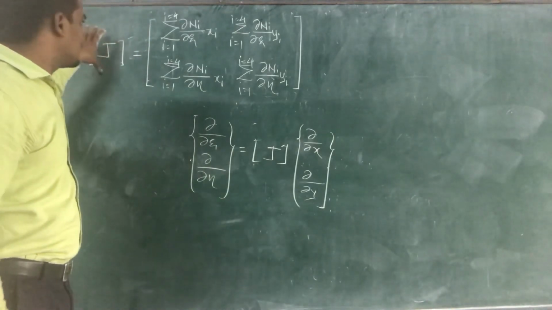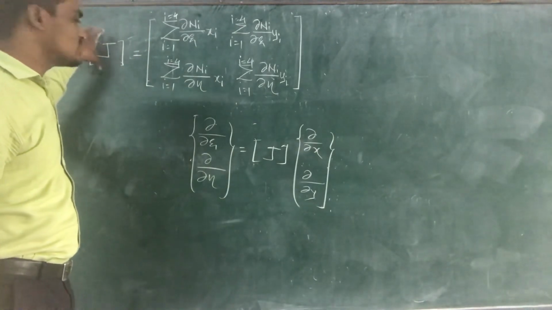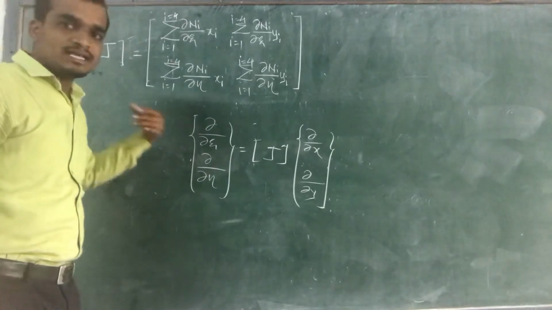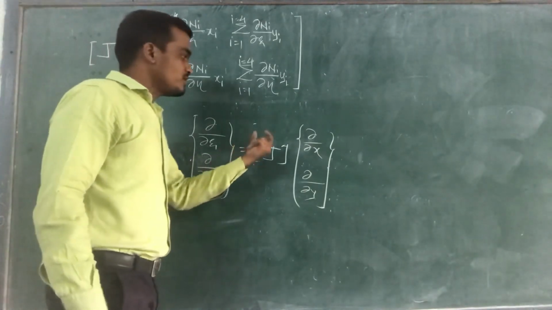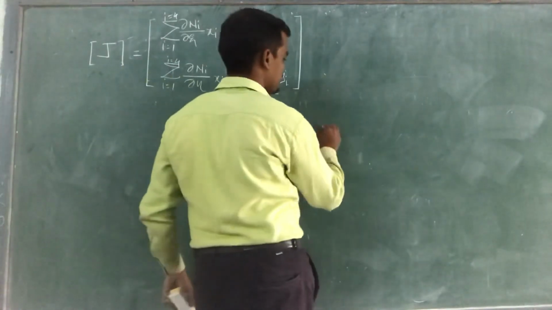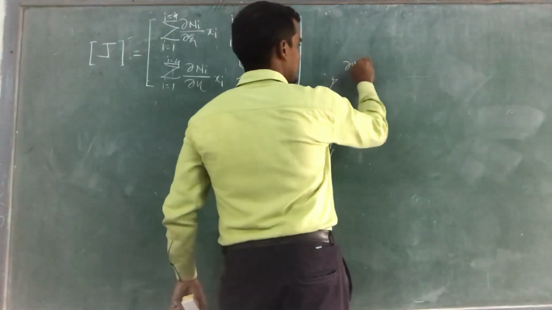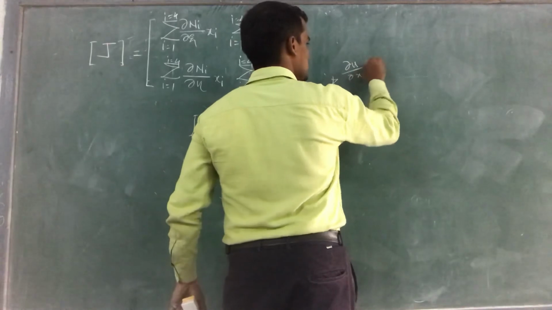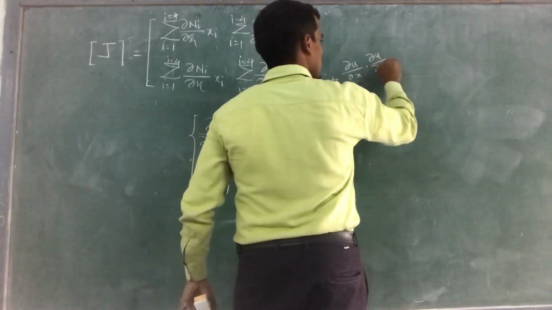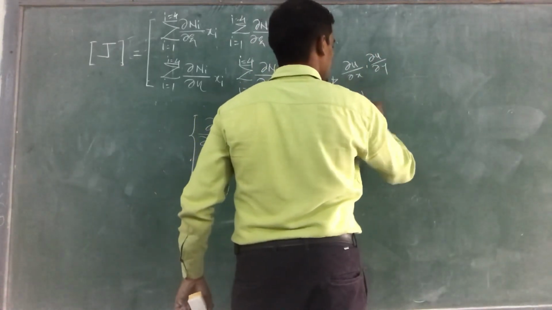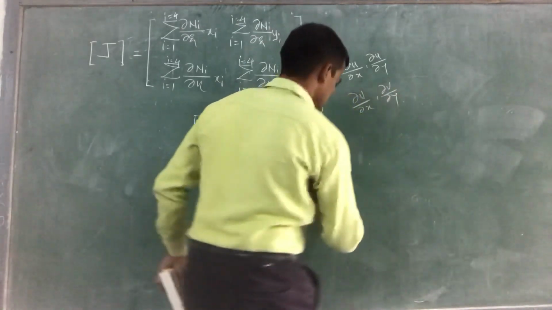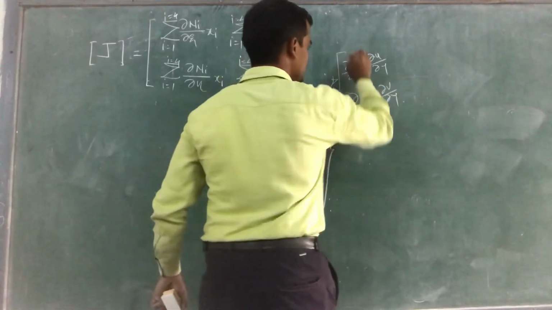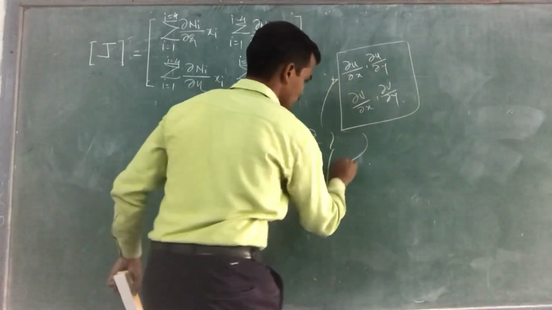Here I have explained how to determine the Jacobian matrix terms. Now next what we need to obtain are our 4 terms: ∂u/∂x, ∂u/∂y, similarly ∂v/∂x and ∂v/∂y. Okay, so we will get these 4 terms from this equation.